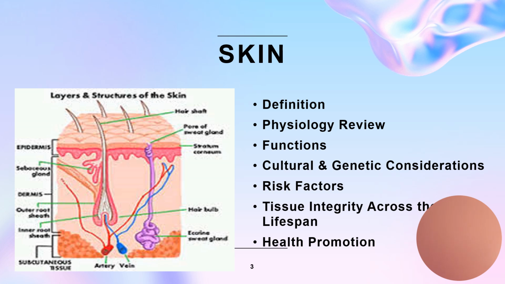So across the lifespan, tissue integrity is going to vary. With newborns and children, we know their skin is thinner, it's more permeable, and they have less subcutaneous fat. This will lead to a greater potential for fluid loss and less effective temperature regulation.